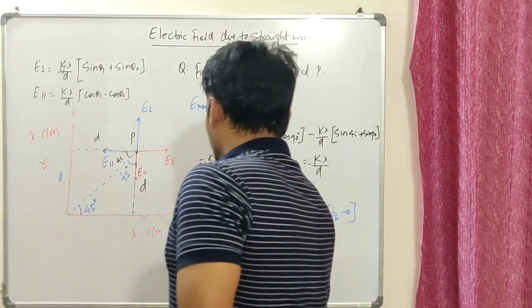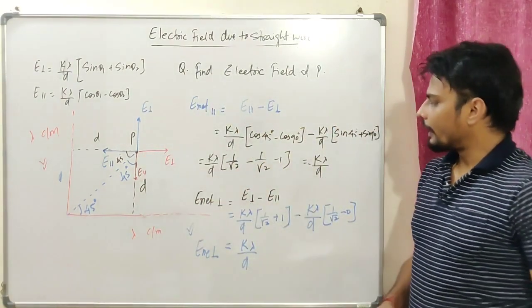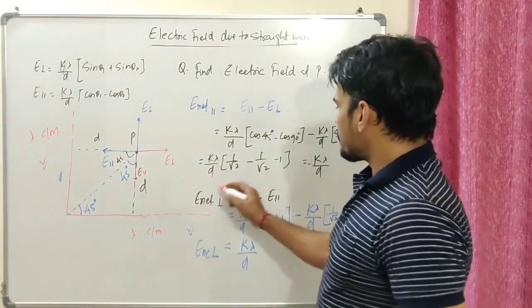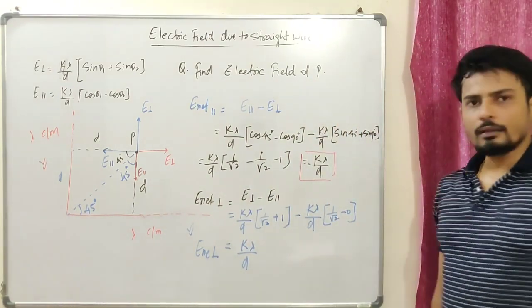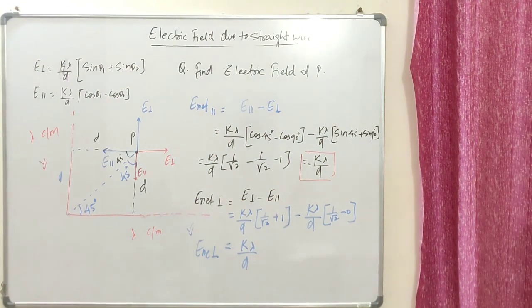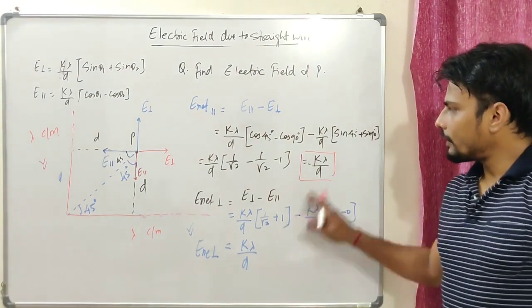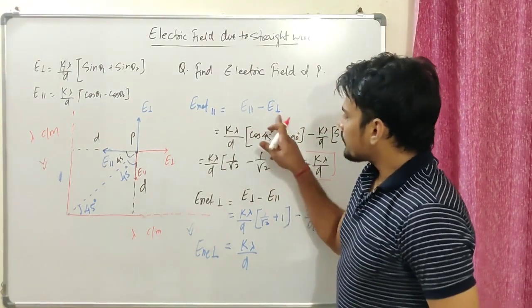So the E net in this direction will be how much? K lambda by D, and this was also K lambda by D. So if I look at the final result, the net electric field should be K lambda by D and this K lambda by D. Basically E parallel minus E1 came as negative.